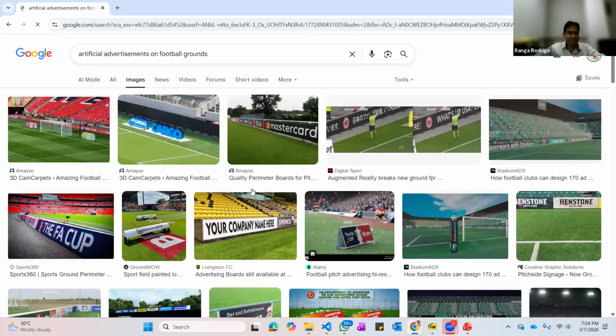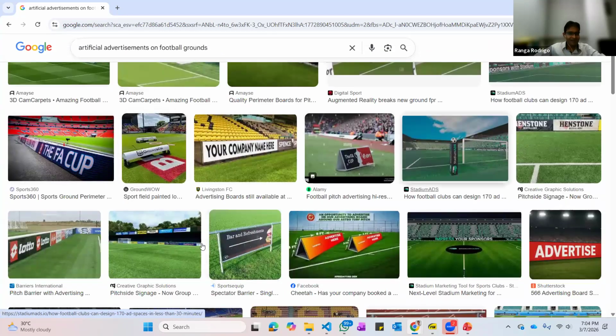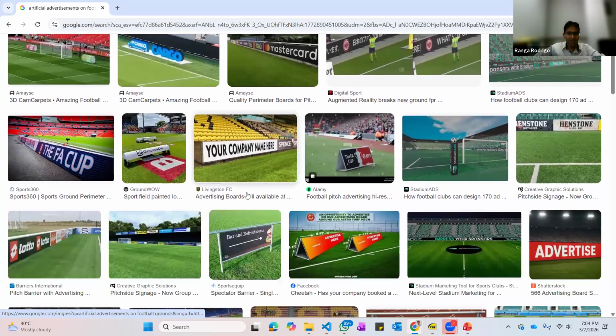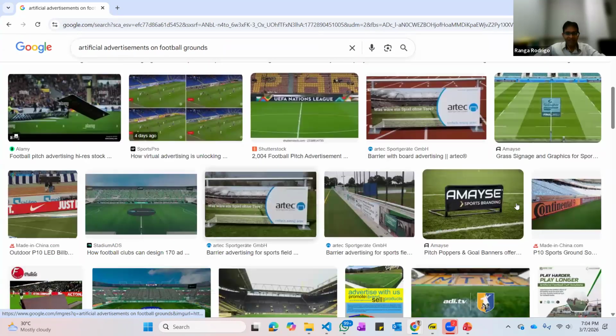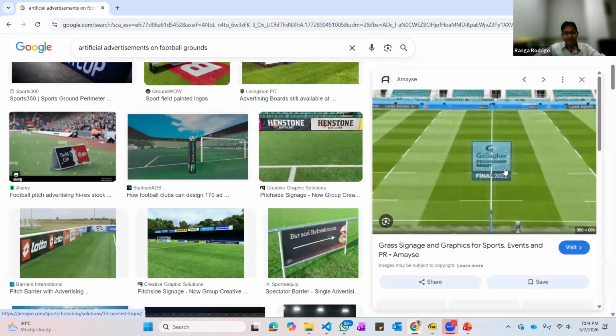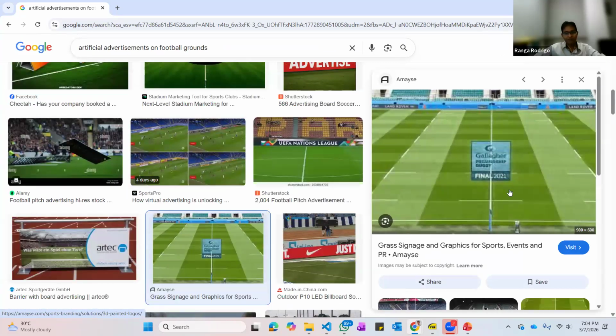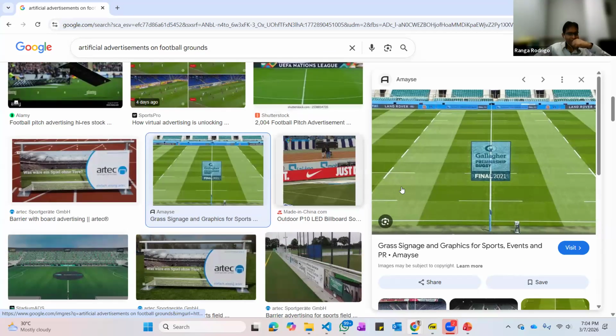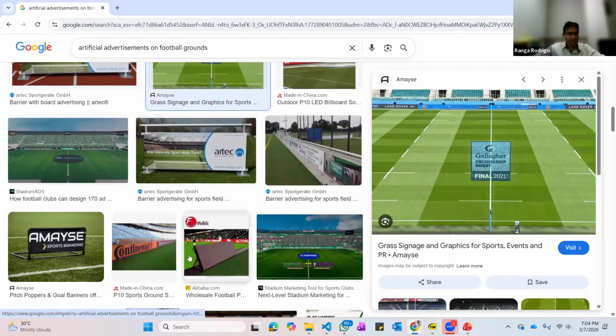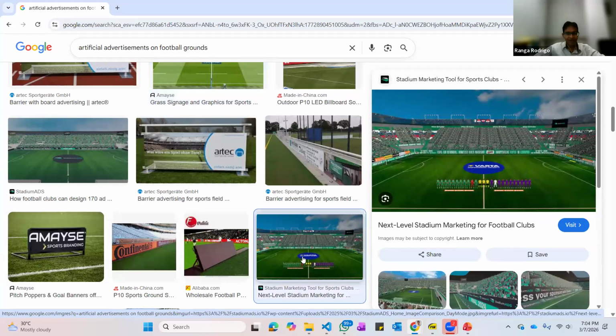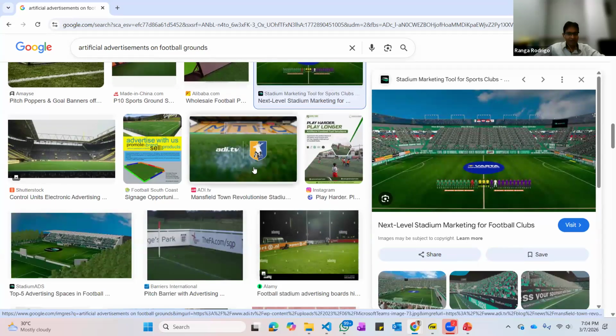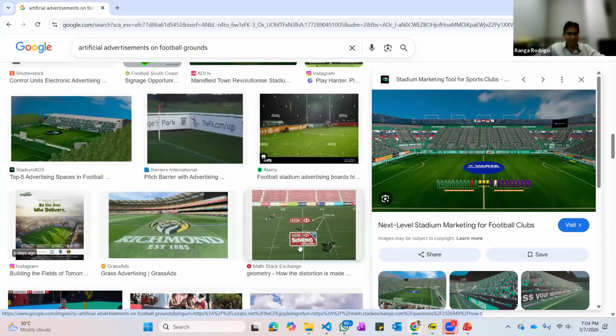This advertisement you have artificially put. It's not actually there, but when you see it, you see it as a popped up thing. Yeah, that can be done.